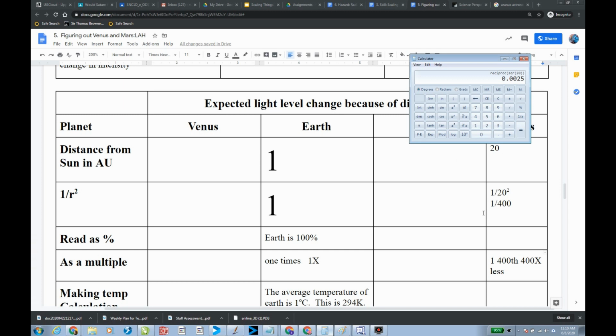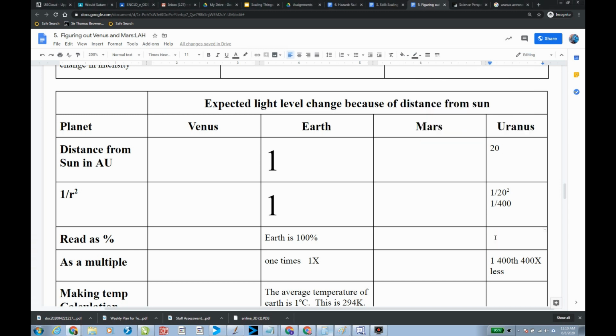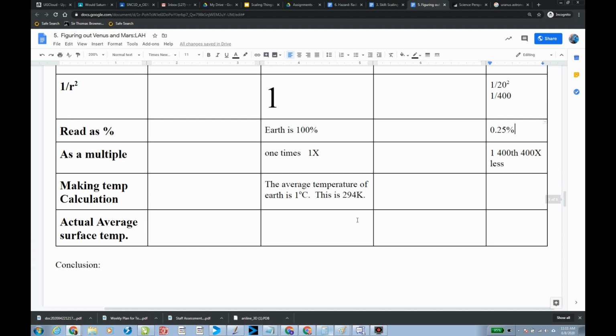Now, if you got 1 out of 400 on a test, how do you turn it to a percent? You just multiply by 100. So the sunlight on Uranus is 0.25% of what it is on Earth. A quarter of 1%.